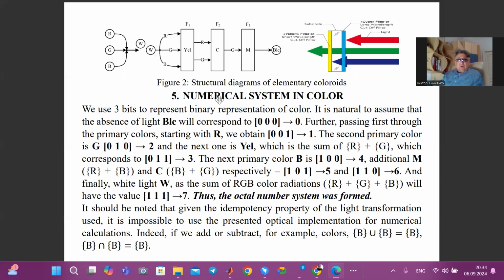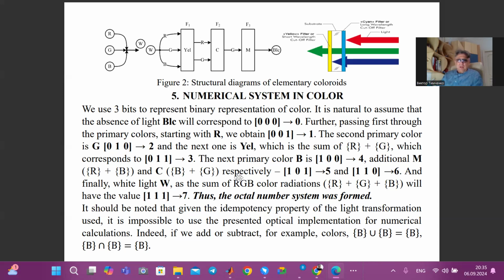Numerical system and color. We use 3 bits for the binary representation of color and naturally assume the absence of light, black, corresponds to 000 equals 0. For the basic first primary color, starting with R, we obtain 001 equals 1, and G is 010, 2, and other combinations.